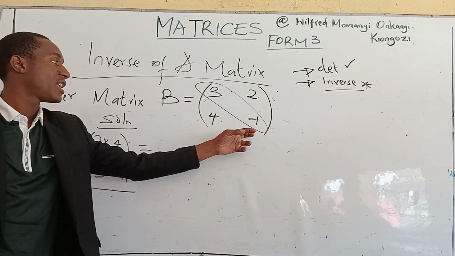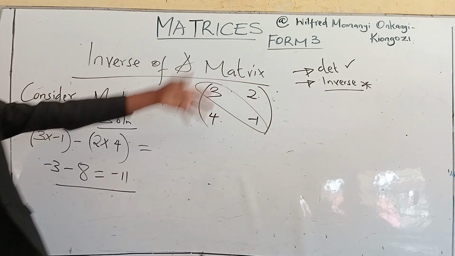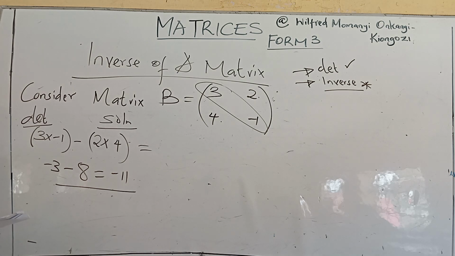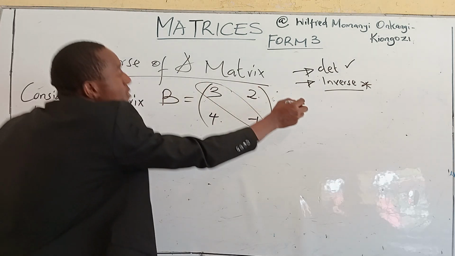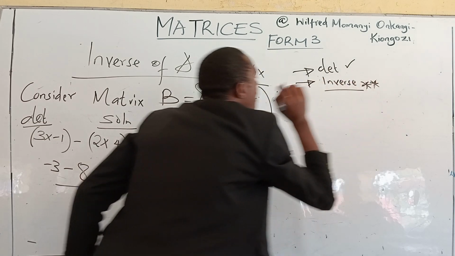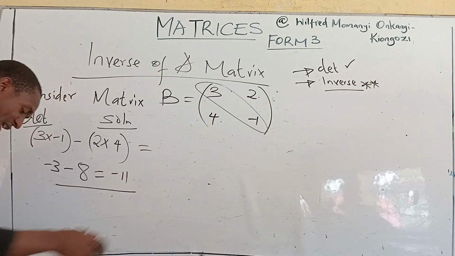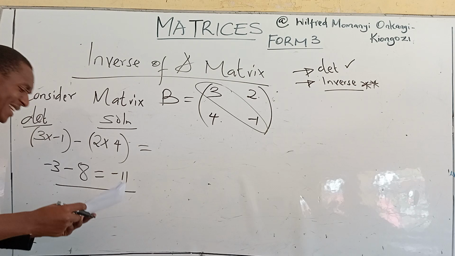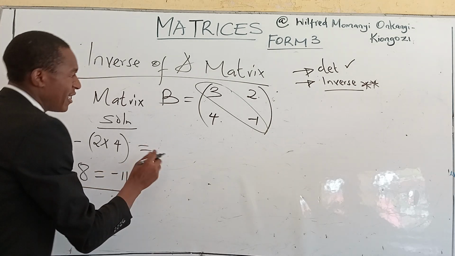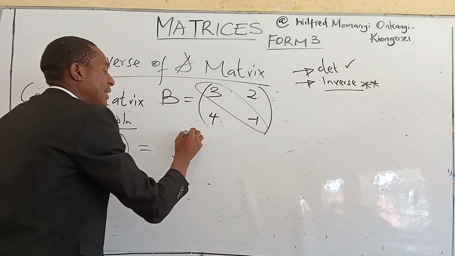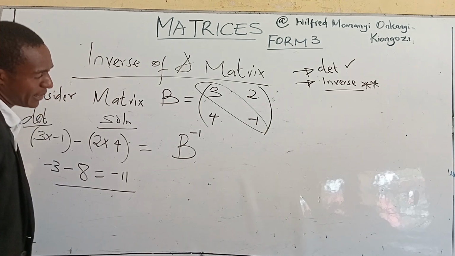So the first step of looking for the determinant, well gotten. Product of the elements of the main diagonal minus the product of the elements of the other diagonal. So the new thing now in this is the inverse. Inverse can be denoted like this way, just like the reciprocal.